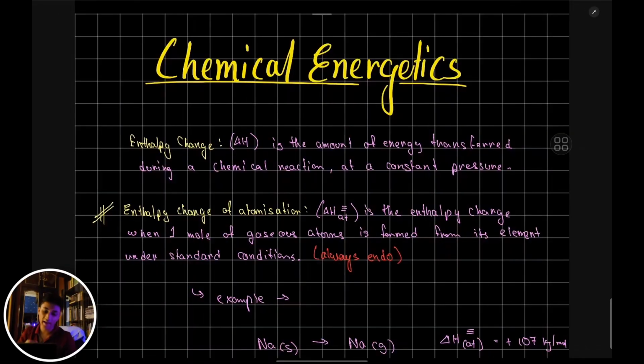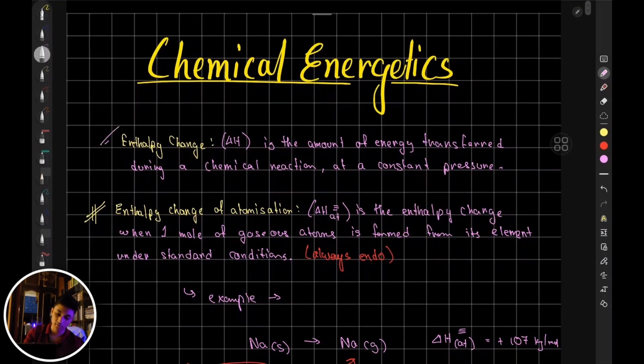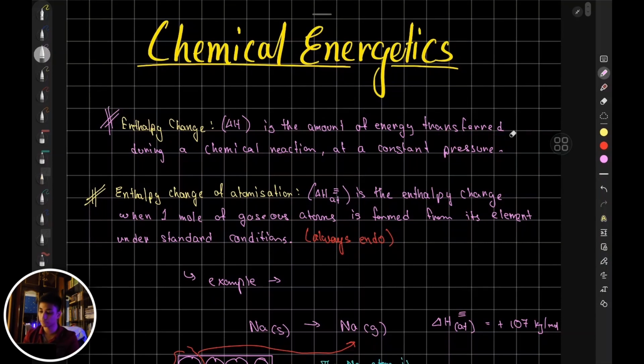So first up, we have a definition, which is enthalpy change. We are already used to this keyword because we've learned about this in AS chemistry, where we knew about enthalpy change of formation and enthalpy change of atomization, along with others. So what does enthalpy change mean? It is basically the amount of energy transferred during a chemical reaction at a constant pressure.